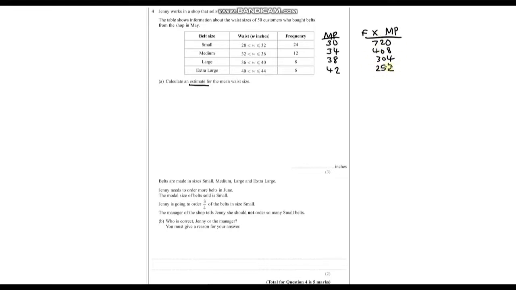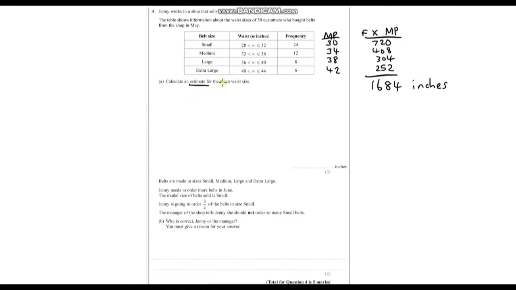So all of these, when we add them all together, that is just the total number of inches. And then we're going to divide that by the total number of people. So let's add all of these together. 720 plus 408 plus 304 plus 252. That gives us 1,684. So that is the number of inches for the waist size.